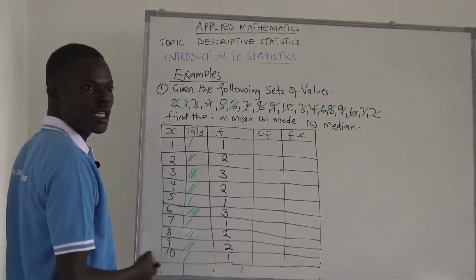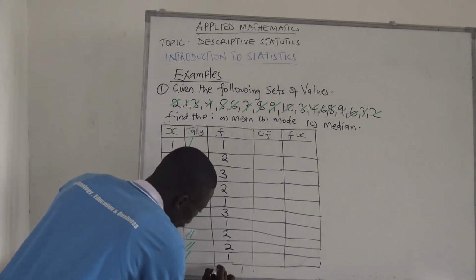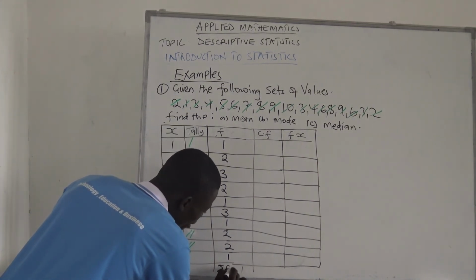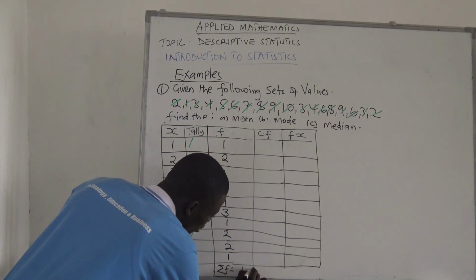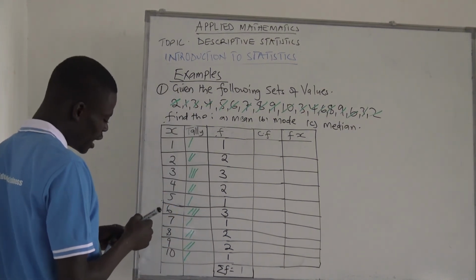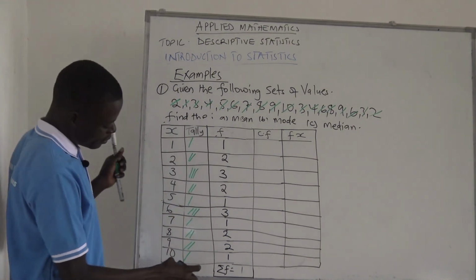Immediately after finishing getting the frequency, what we do next is summing the frequency. You must sum the frequency immediately.